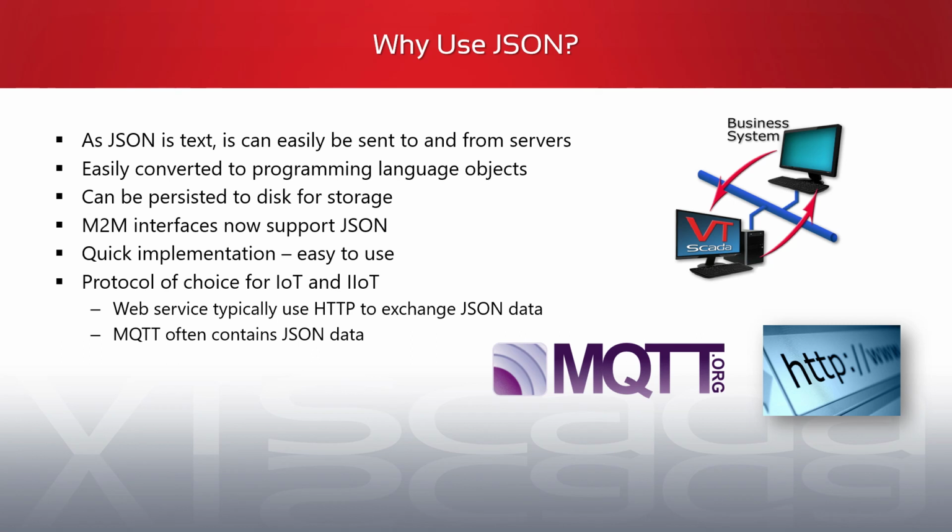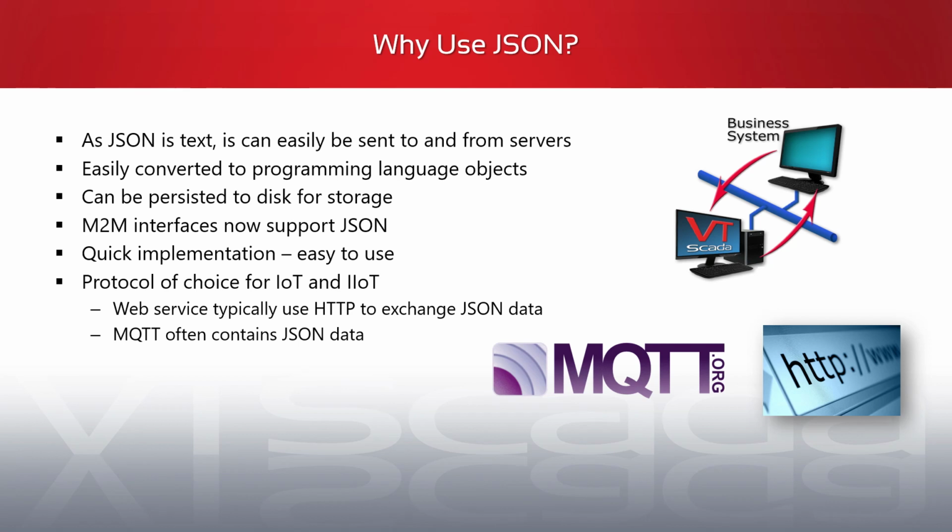Because it is nice and simple, with just a very simple and restricted set of name value pairs, it is very easy to use. You find that they're very quick implementations, very easy to get something up and running. And it's now becoming the protocol of choice for IoT, Internet of Things, and IIoT, the Industrial Internet of Things, because of the simplicity in being able to exchange information.